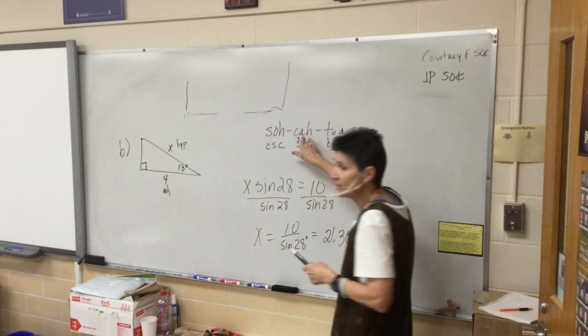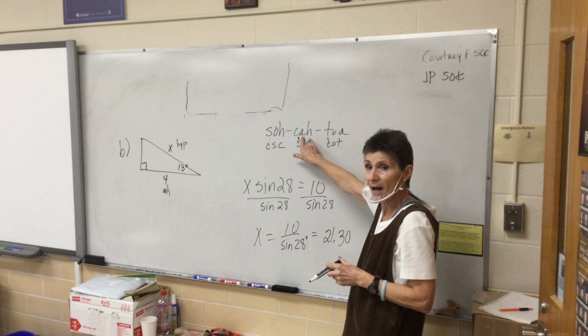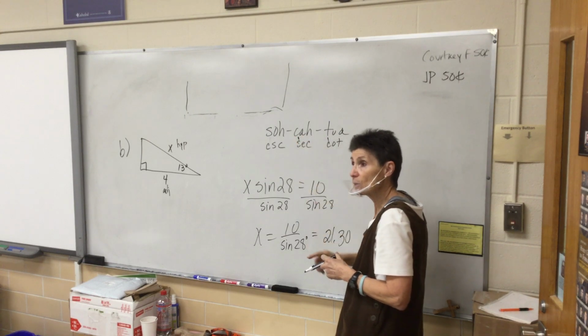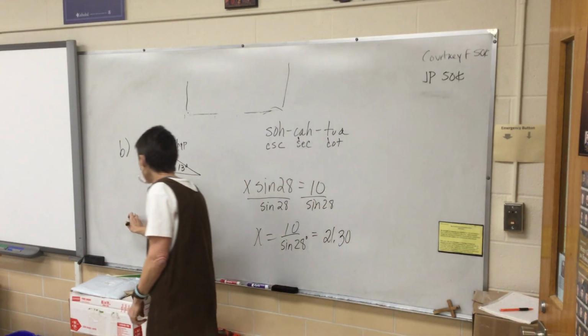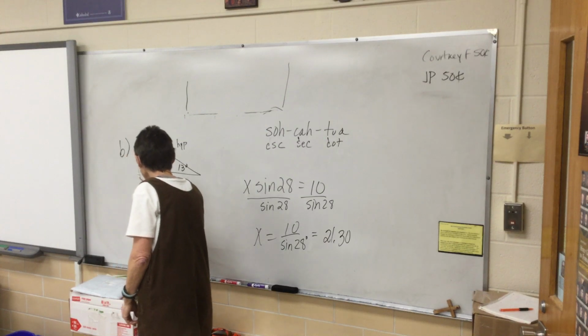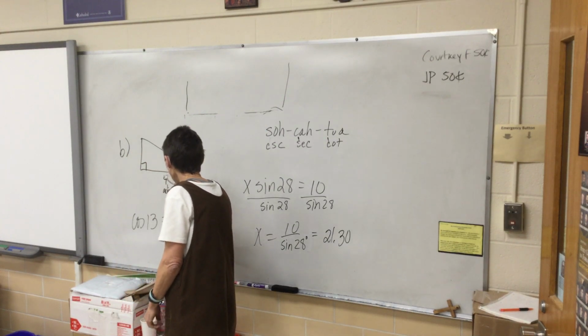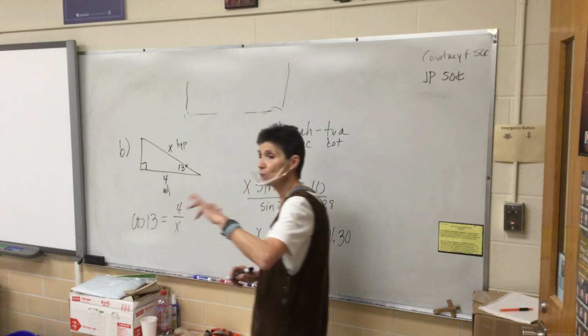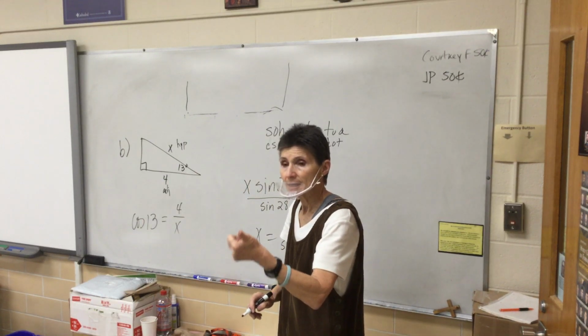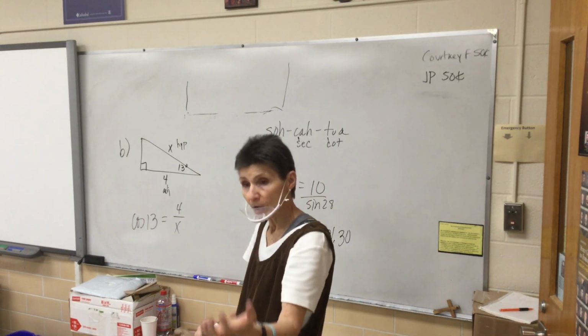The function that uses adjacent and hypotenuse is cosine. So cosine 13 equals 4 over x. Cosine angle equals adjacent over hypotenuse.